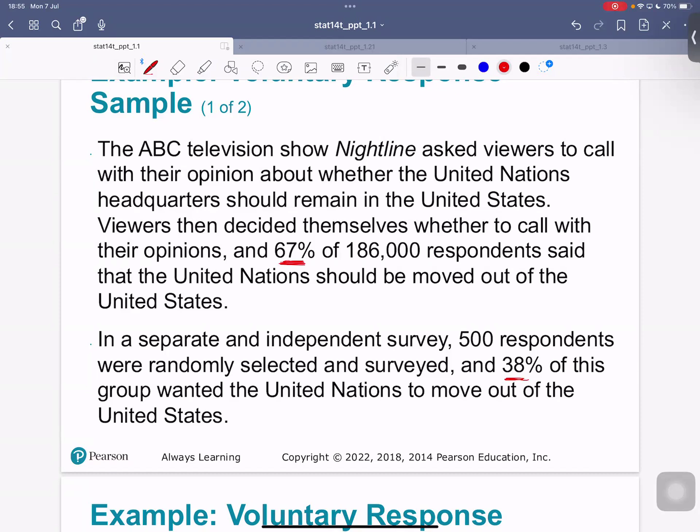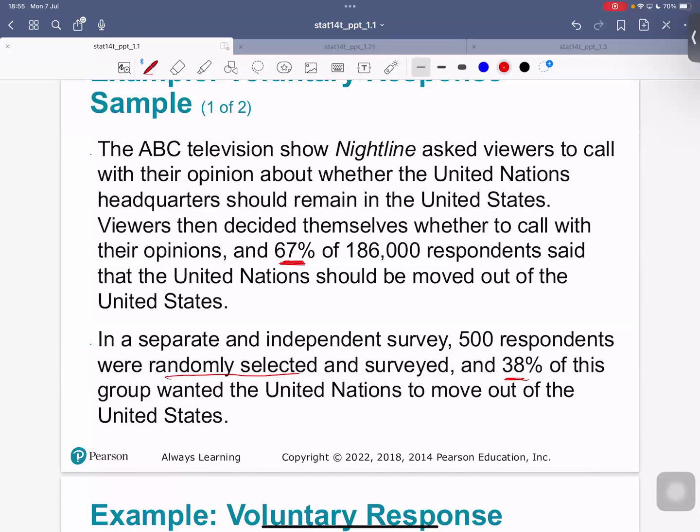Totally. She has a point. What's your name? Madison? Yeah, I agree with Madison that for Nightline, not all the people watch Nightline, and it's going to be a specific class of people watching that show, right? Moreover, the smaller group here was randomly selected, so it's going to be better.